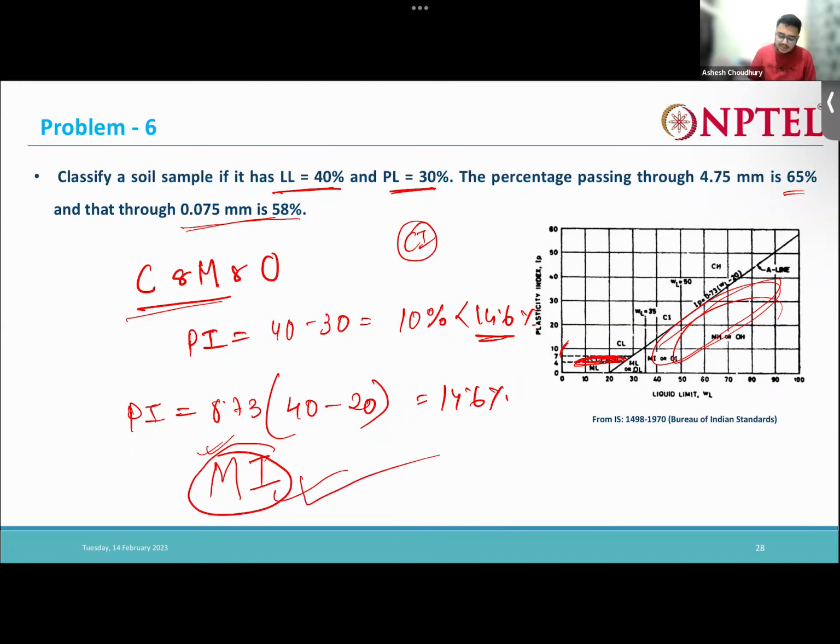That's why it is MI, intermediate plastic silt. From this chart, it might be OI also. You cannot say; it will be either MI or OI. So these are the two probable outcomes. It is not CI. It is intermediate plastic silt, or intermediate plastic organic clay.